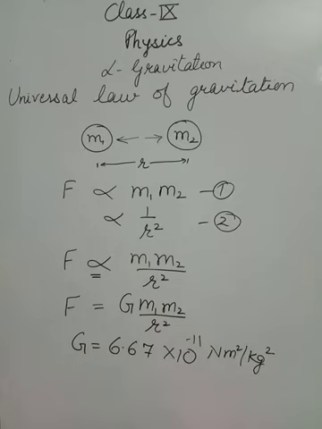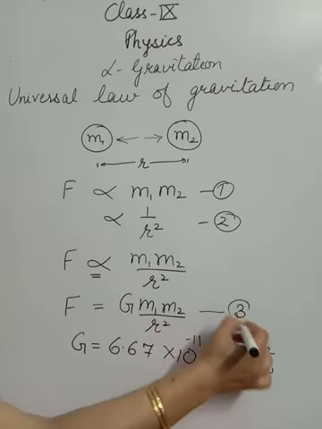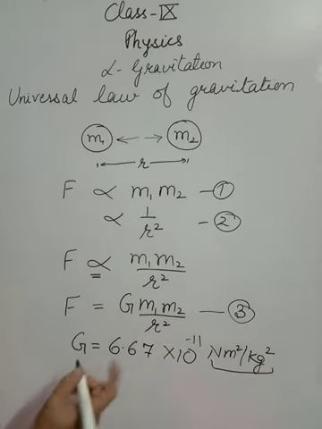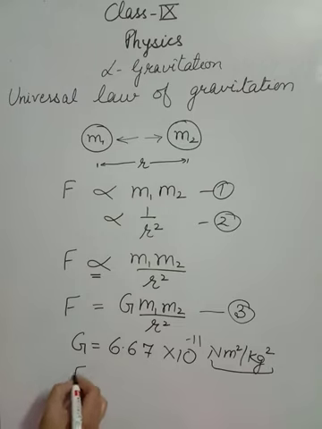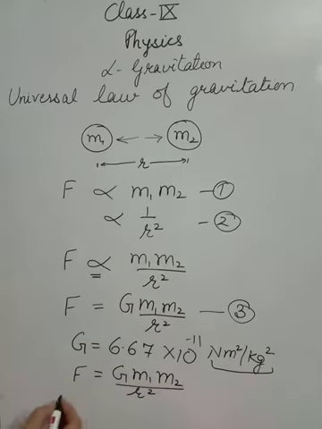How have we come to know about these units, how can we find out the units of this capital G? From this equation, let it be equation number 3, we get F equals G m1 m2 upon r square. Further we can write it as G equals F into r square upon m1 into m2.